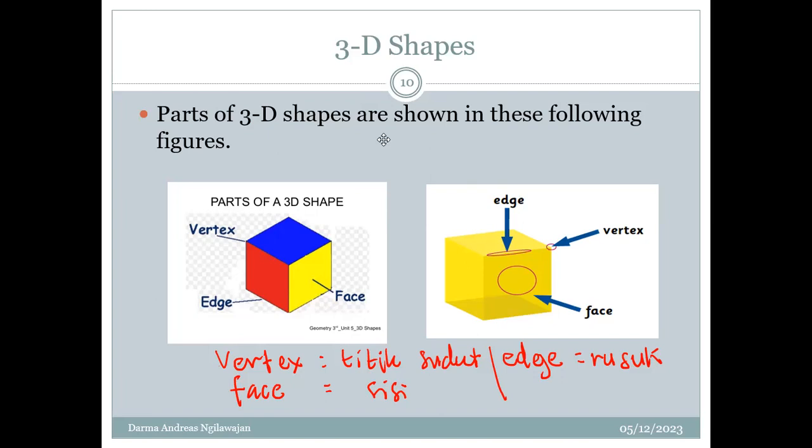And you can see on the screen there are two pictures, and these pictures provide a cube, and this picture also provides information about some parts of this object, I mean this cube, in order to help us distinguish and understand the parts of three-dimension shapes.